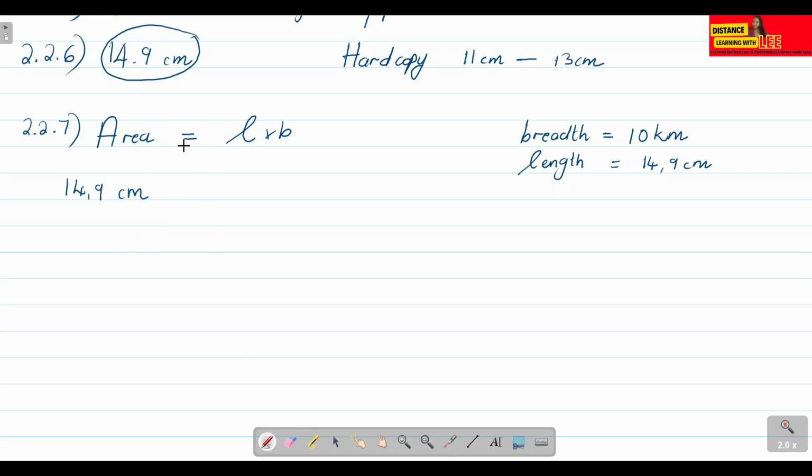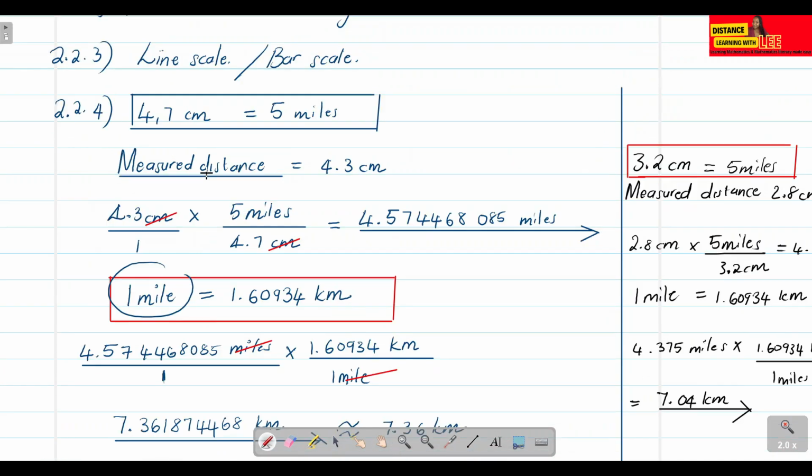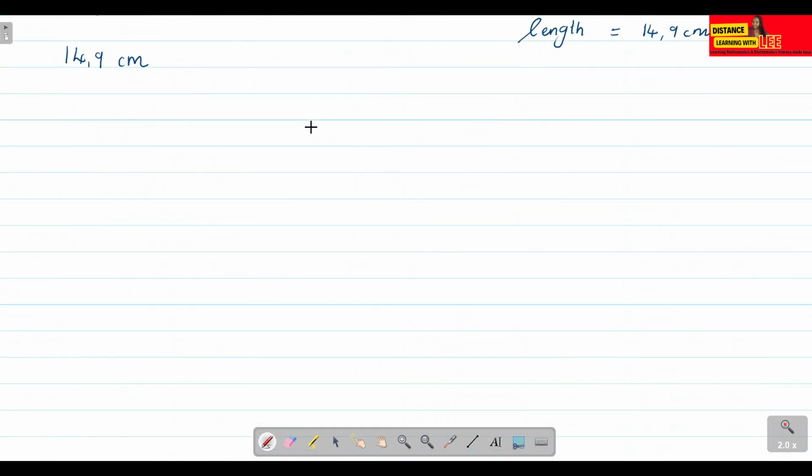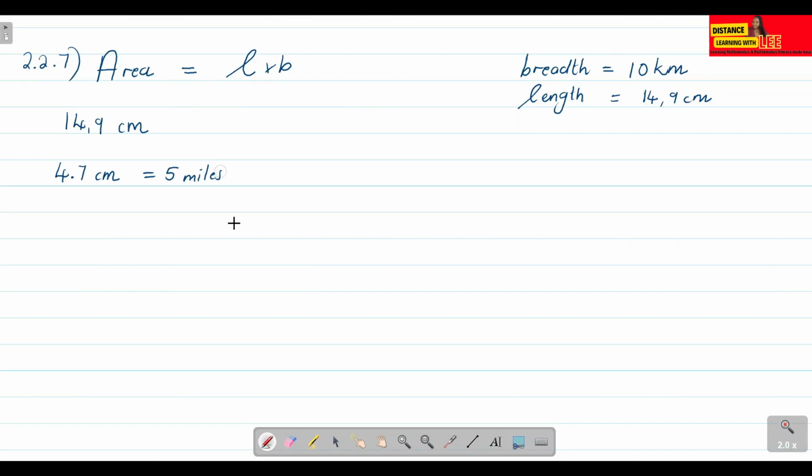So 14.9 centimeters, I'm going to multiply it by the conversions that we basically used here. I said that 4.7 centimeters is equal to 5 miles, remember? So we're going to first convert this 14.9 centimeters into miles. So it's 14.9 centimeters multiplied by what you want, you want your units in miles, divided by what you have, which is units in centimeters.